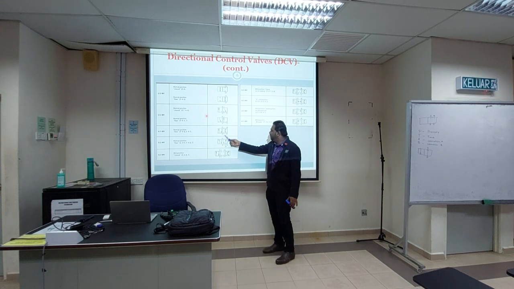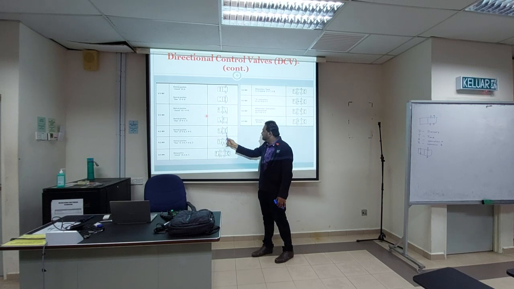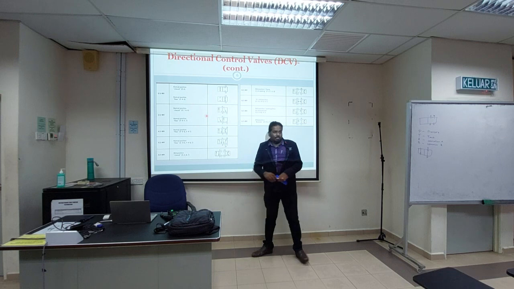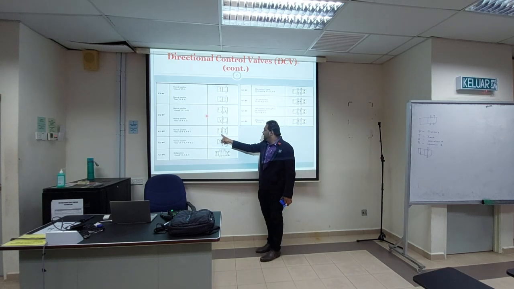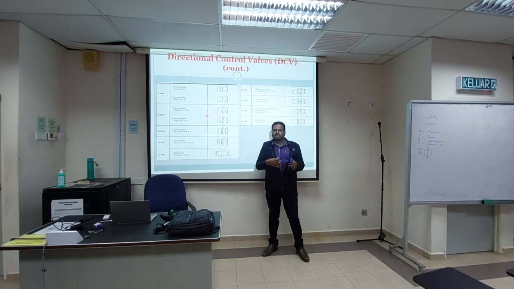Okay, yang ni dari port P dia pergi ke port B. Dari port A balik ke tank. So meaning it can be a complete circuit lah, di balik. So if you activate this, dia akan tukar. Port dia sama. Yang ni adalah port P, yang ni adalah T, ni adalah A and B. Tapi operation of the flow tu different.